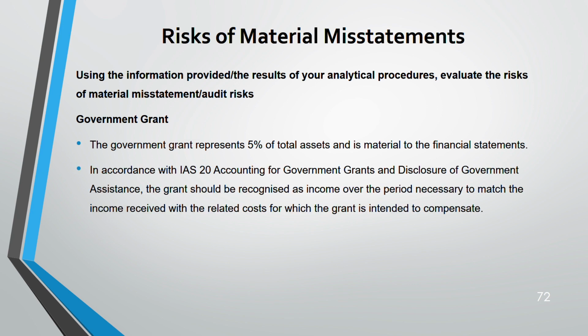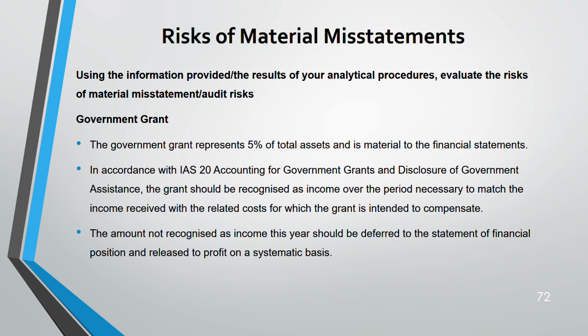IAS 20 says a grant should be recognized as income over the period. If you are taking the grant for 2 years, let's say, then over 2 years you have to recognize this grant as income. So if this amount is not recognized as income over the period, it should be deferred to the statement of financial position and released to profit on a systematic basis, that means over the period.